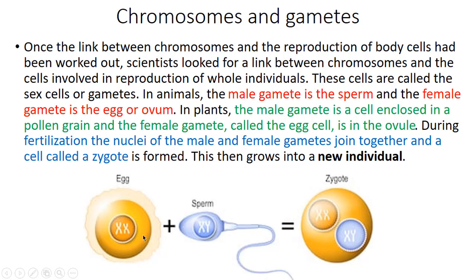In plants, the male gamete is enclosed in a pollen grain, and the female gamete is stored in the ovule.